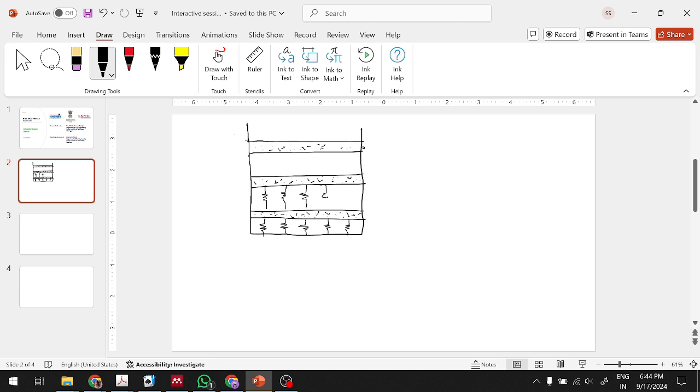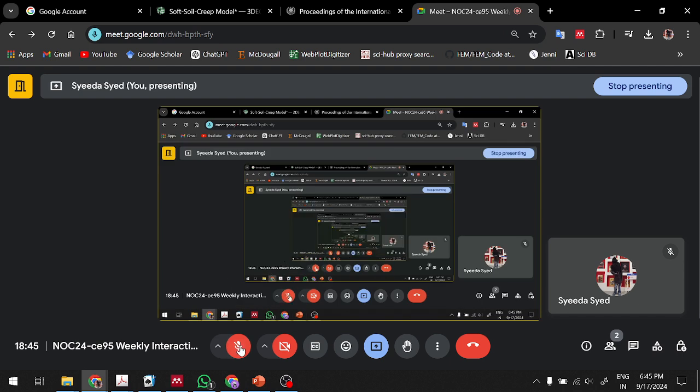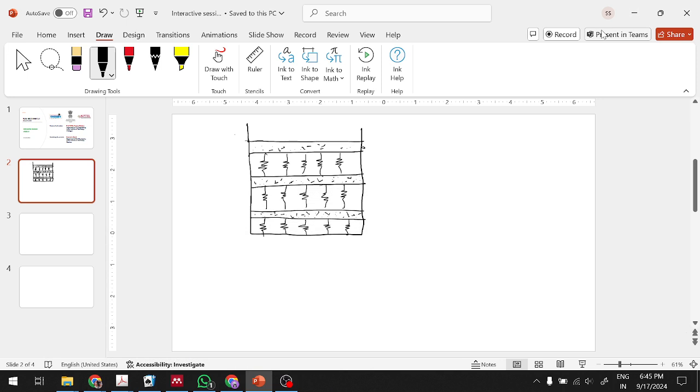Now these can be very stiff springs, or these can be less stiff springs. So here what we are trying to do is simulate the behavior of soil in this way.